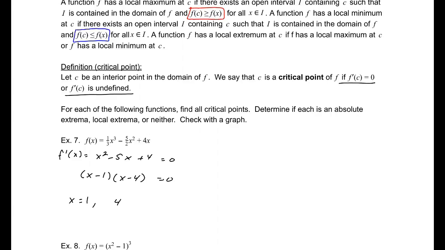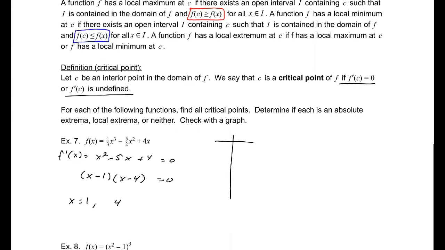Now we're not getting a closed interval here, so those are the only values we need to check. So let's go ahead and make a chart, x, f of x. Right, so the value of f at 1.